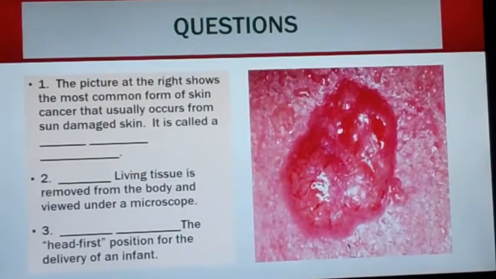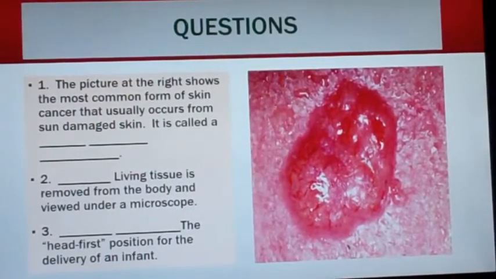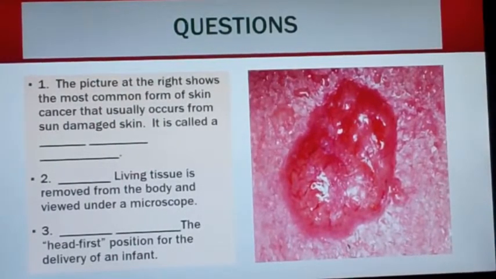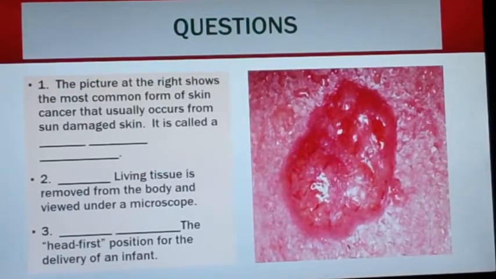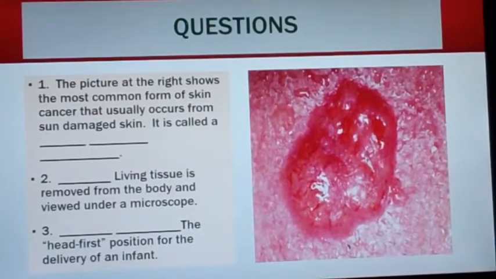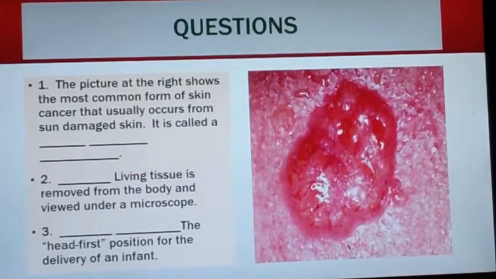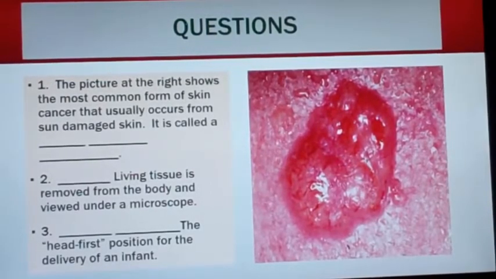Questions. Number 1. The picture at the right shows the most common form of skin cancer that usually occurs from sun-damaged skin. It is called a blank, blank, blank. Number 2. Living tissue is removed from the body and viewed under a microscope.